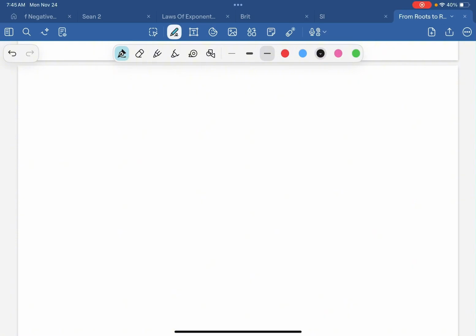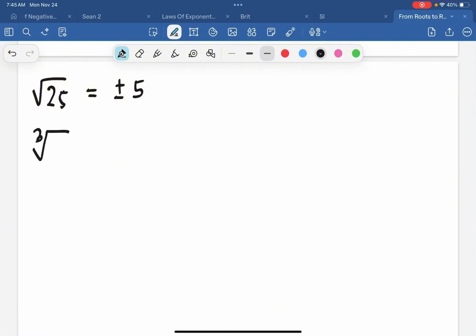In our last lesson, you learned that some square and cube roots are perfect, like the square root of 25, which is equal to positive and negative 5, and the cube root of 27, which is equal to 3.